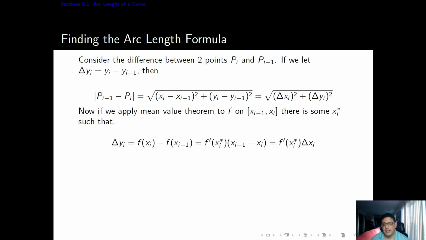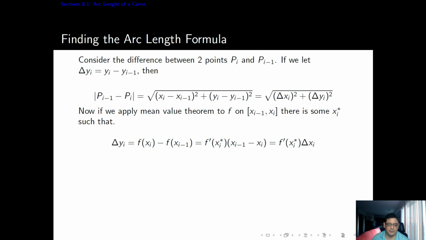Now, if we apply the mean value theorem on the interval x i minus 1 to x i, there's bound to be some x i asterisk where we can see the difference in the y's, which is essentially the difference of two points evaluated on the function, f of x i minus f of x i minus 1, as f prime evaluated at that point x i star times x i minus x i minus 1.